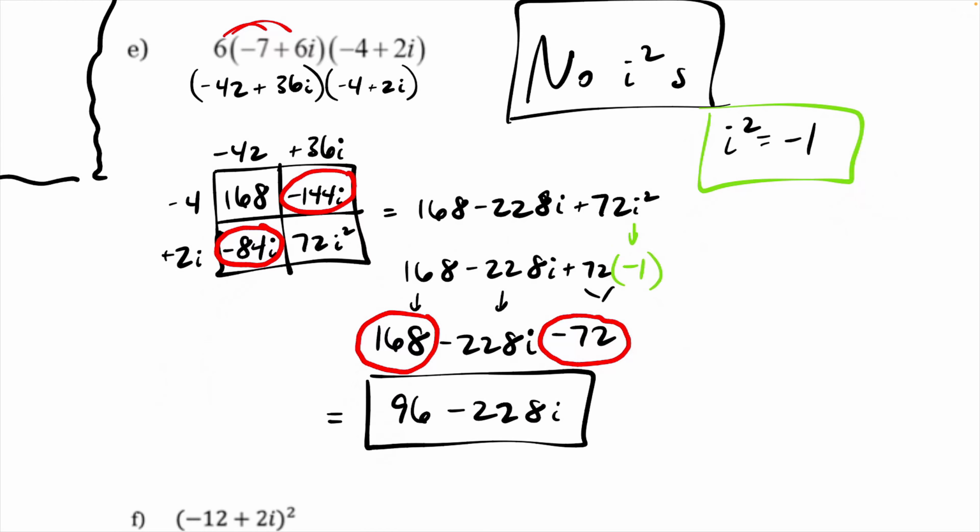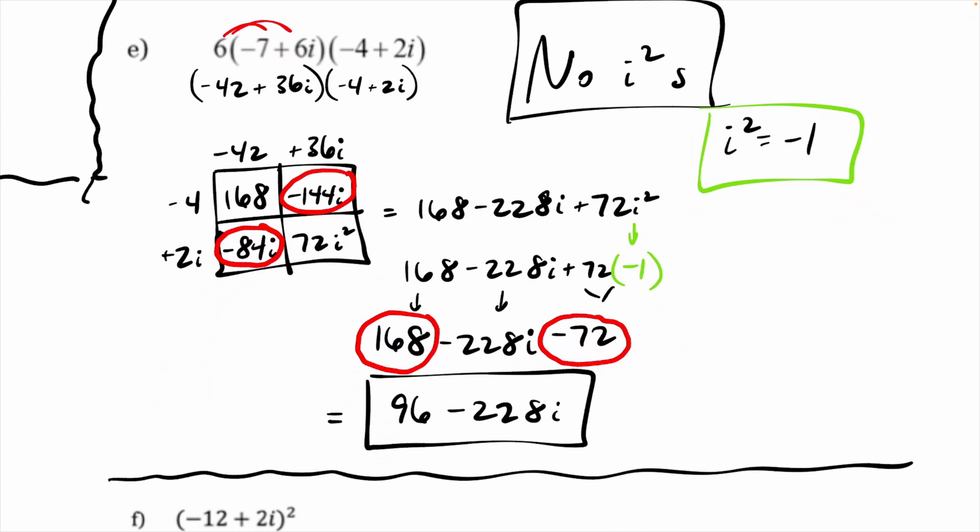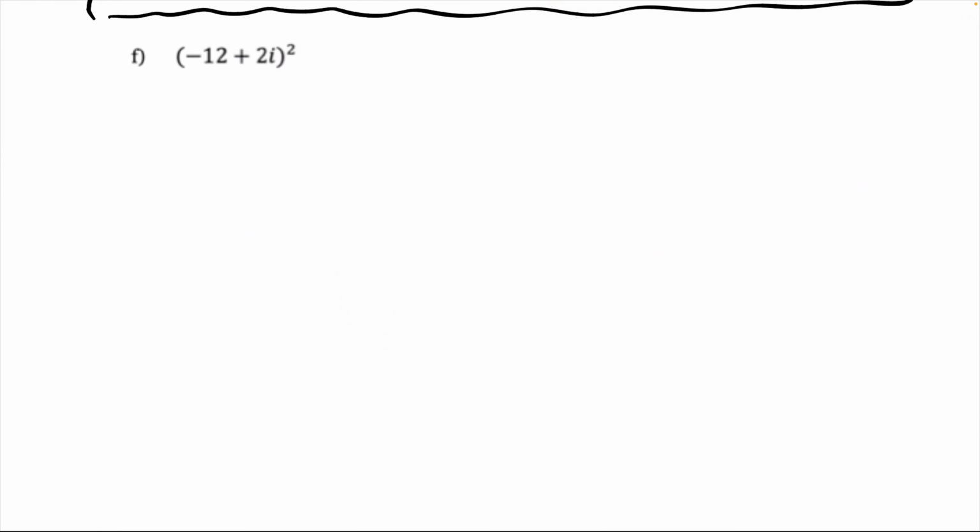Okay. Last one. What does squared mean? The last one, what does squared mean? Multiply by itself. So if it multiplies by itself, how are we going to multiply f? How do we multiply it? -2i.